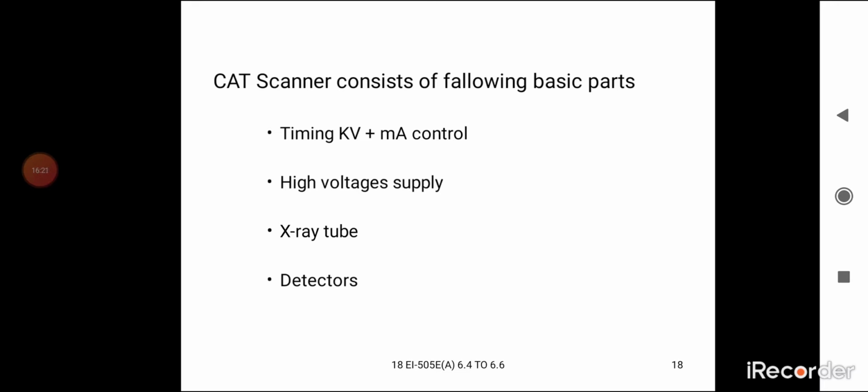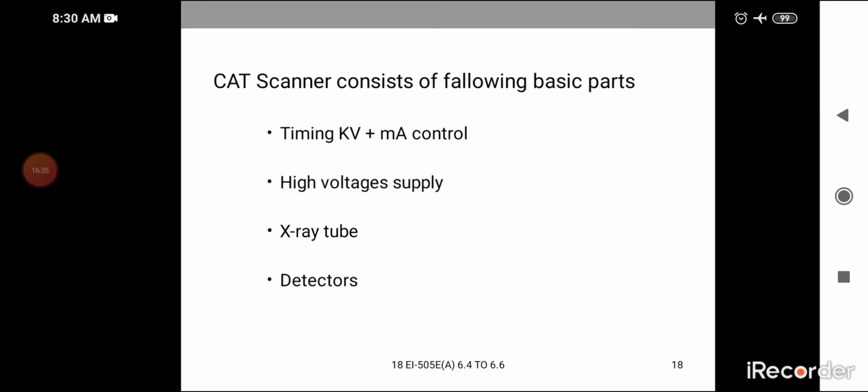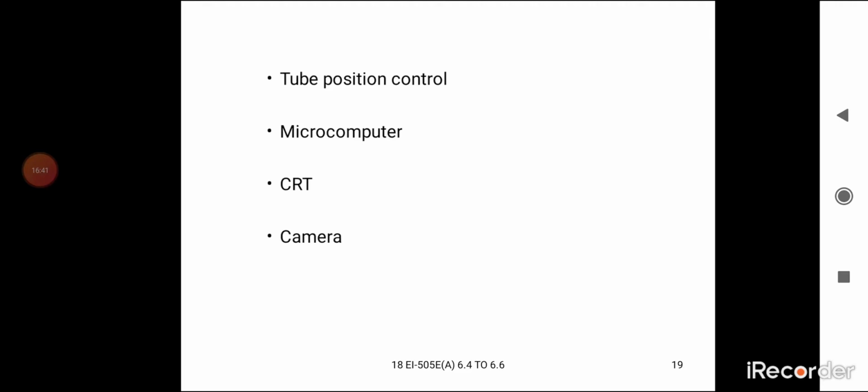The CAT scanner consists of the following basic parts: timing kilovolts and milliamps control, high voltage supply, X-ray tube, detectors, the tube position control, microcomputer, CRT, and camera.